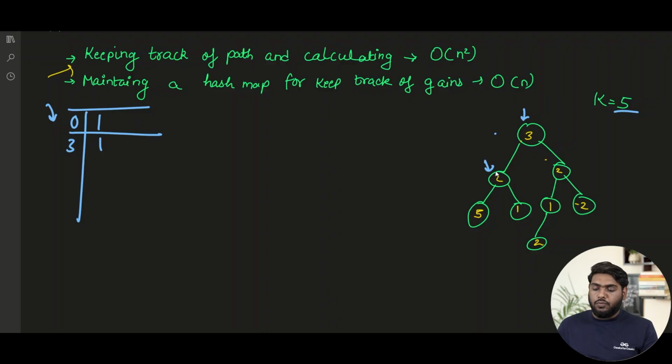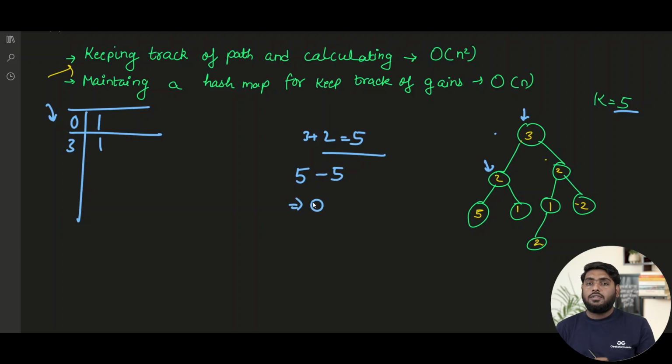Now moving to this 2. The current sum will now become 3 plus 2, that is 5. Now we have to do this 5, the current sum, minus the target. It will be equal to 0. Just for encountering this condition, we had this, right? If this is the condition, that means the difference is 0.